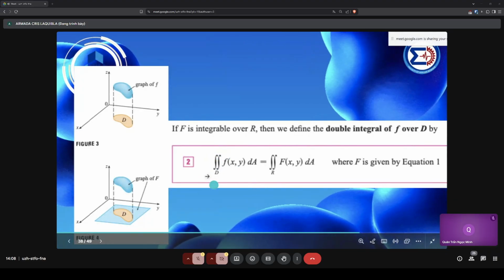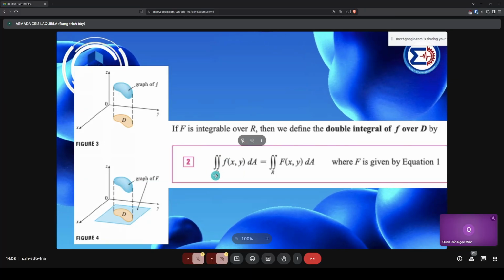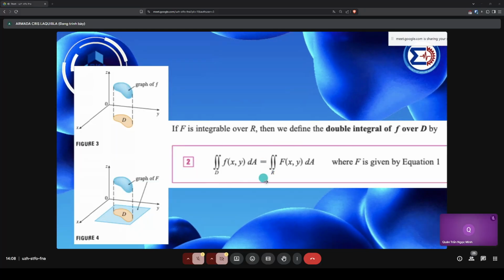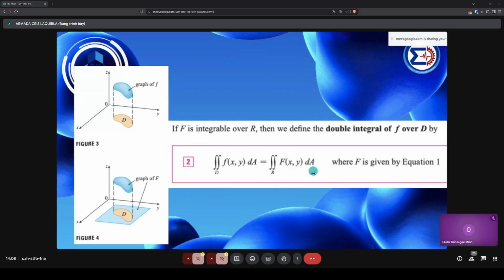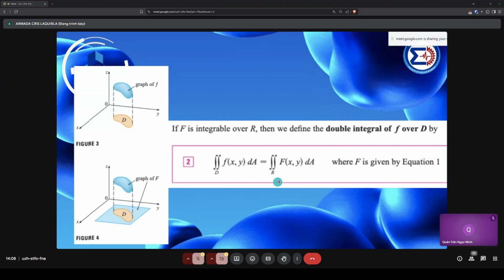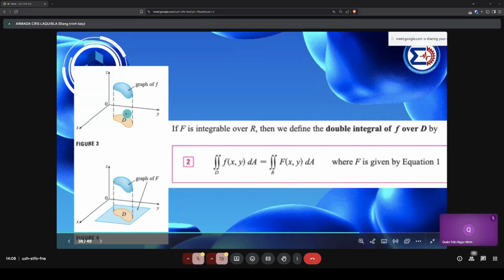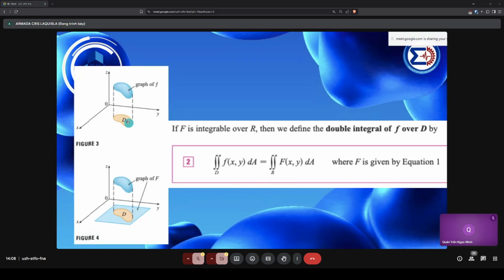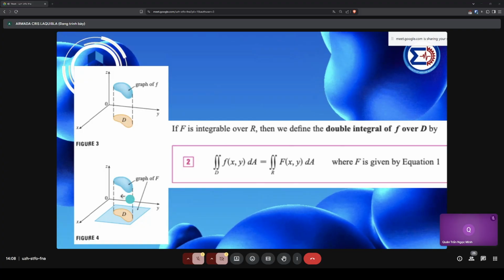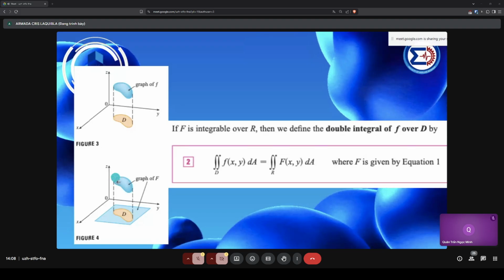So it's here. Now, the double integral of the small f of xy over the region D is equal to the double integral of your capital F of xy dA over region R. Actually, this is your graph of f, the blue one here. Then this is the surface D here. So in your capital F, the graph is also this one.